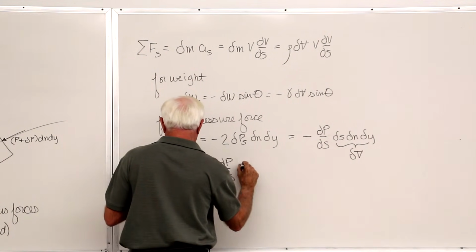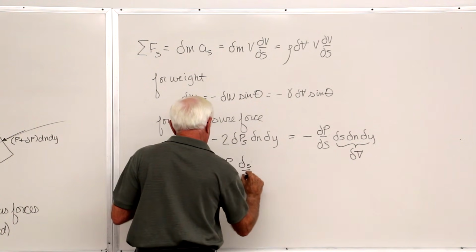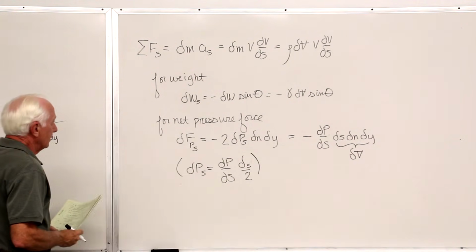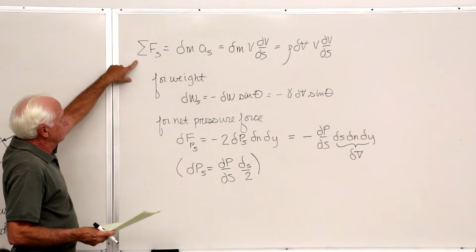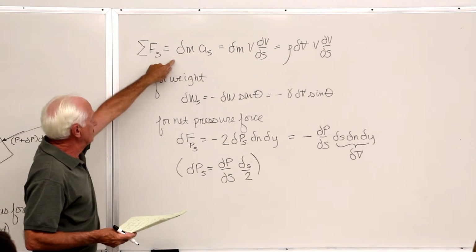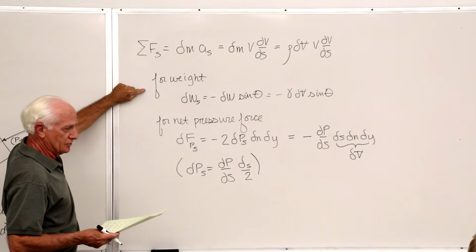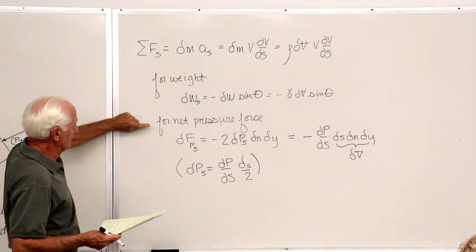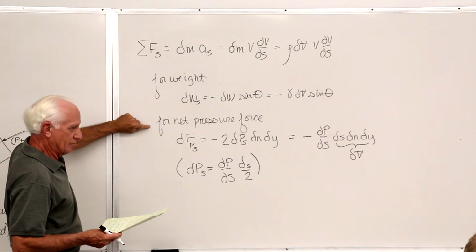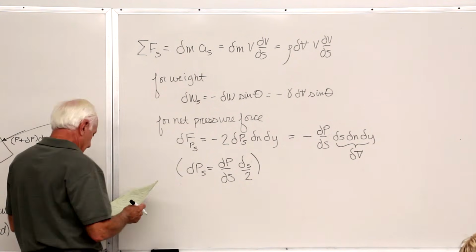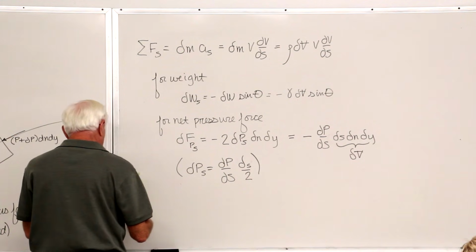All right. Summation of forces equals mass times acceleration. What are the forces? The weight, the force due to weight in the S direction. The force due to pressure, net pressure in the S direction. So here are our components. Okay. So next step, put these all together.